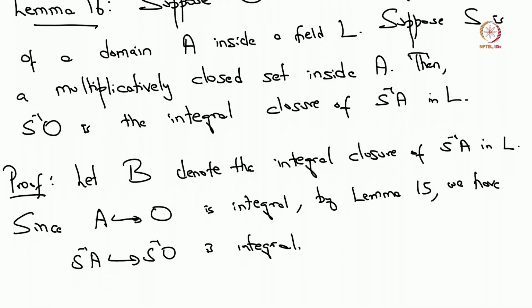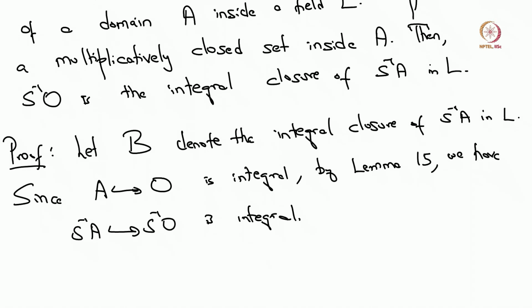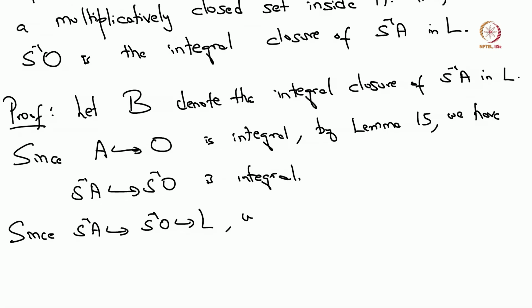So every element of the localization S inverse O is in fact integral over S inverse A, and all these localizations are taking place inside L. So what we have is that S inverse O must lie inside the integral closure of S inverse A in L. So this localization S inverse O must lie inside B.